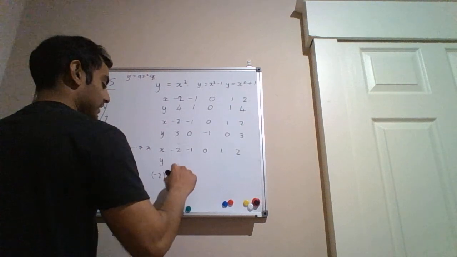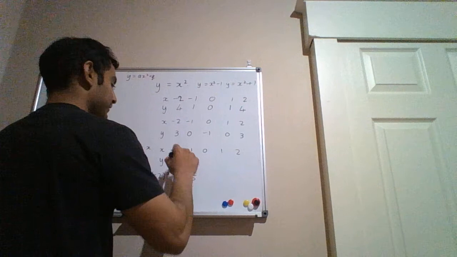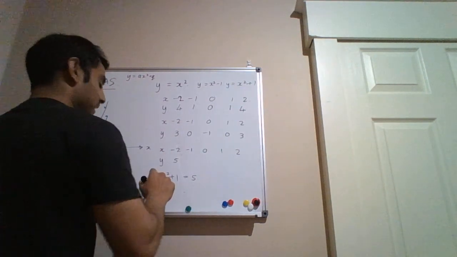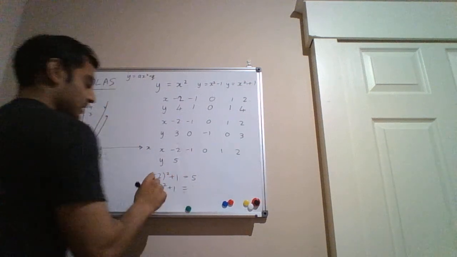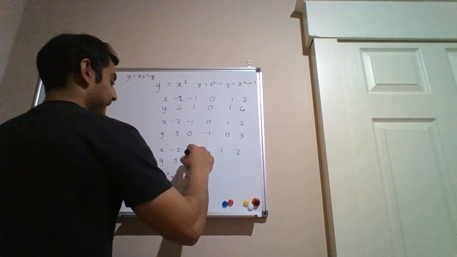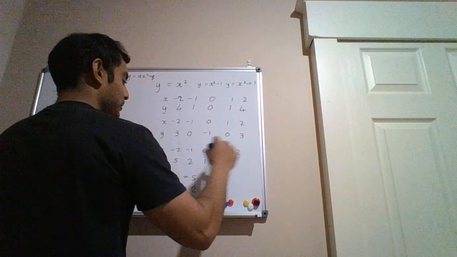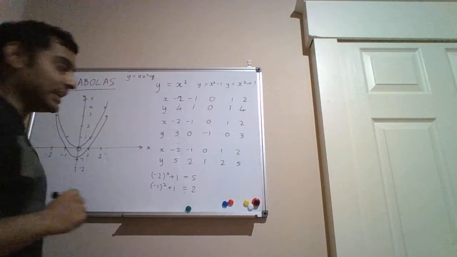Minus 2 squared plus 1, that's 4 plus 1, which is 5. Next point, minus 1 squared plus 1. Minus 1 squared is 1, plus 1 is 2. And continuing like this, we'll get the points 1, 2, and 5.